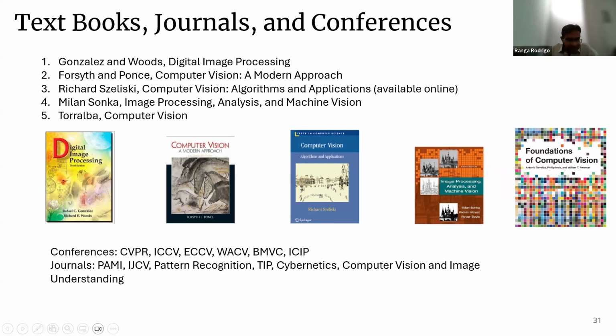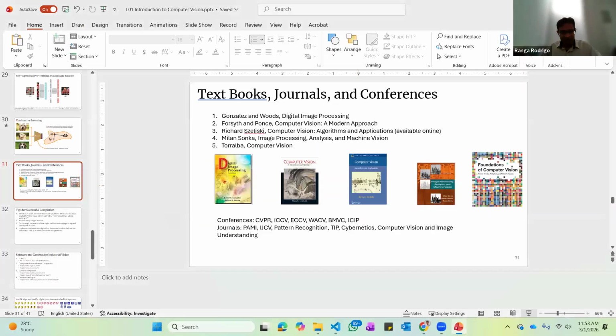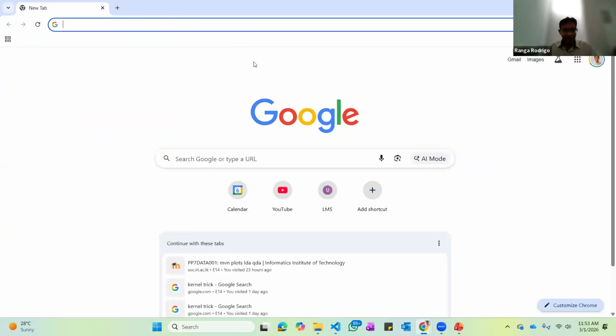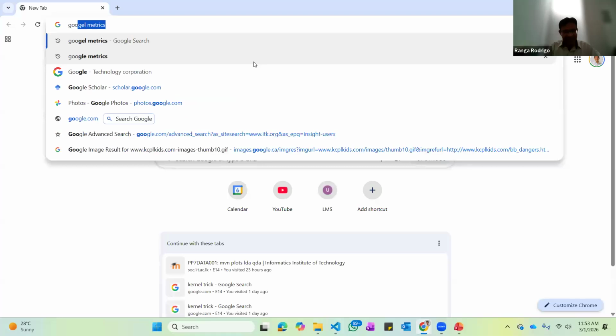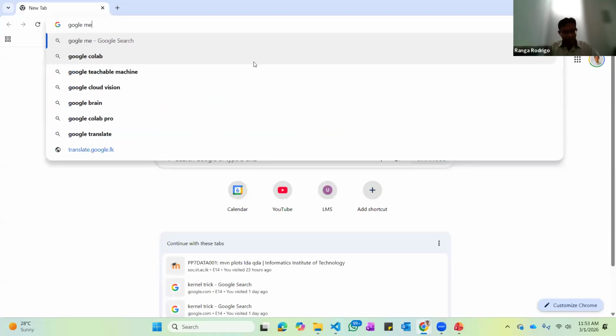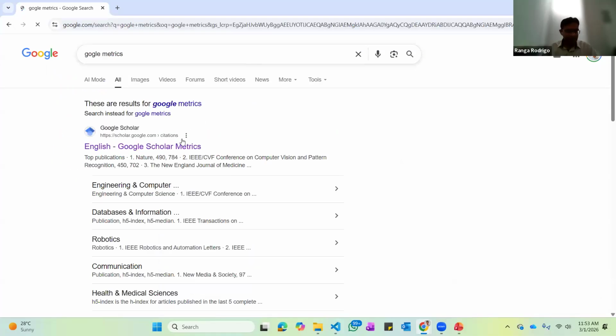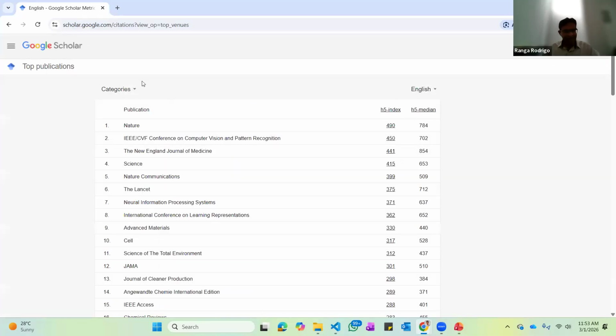Then conferences and journals in our area. CVPR is the best conference of all forms of conferences. I'll show them in Google Scholar. So we have to go to Google Metrics. And of course CVPR is second only to Nature.